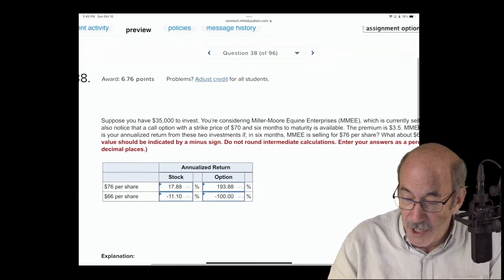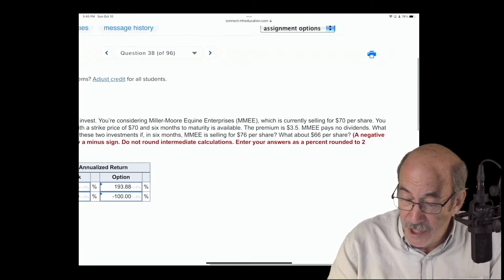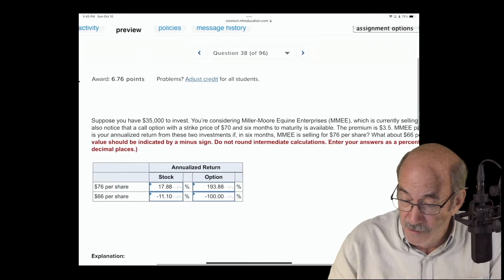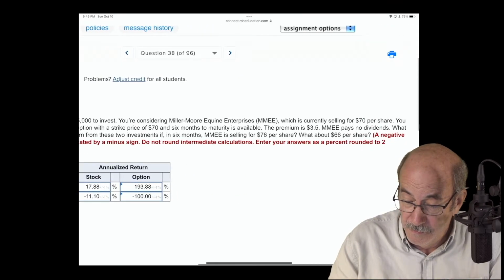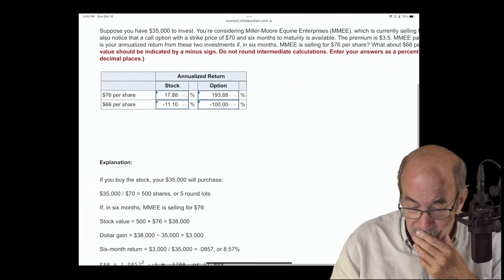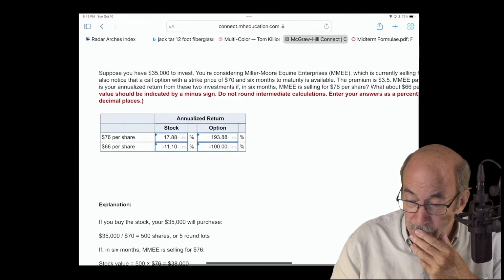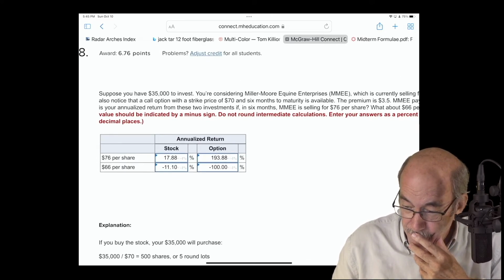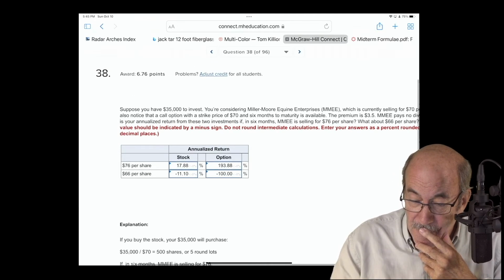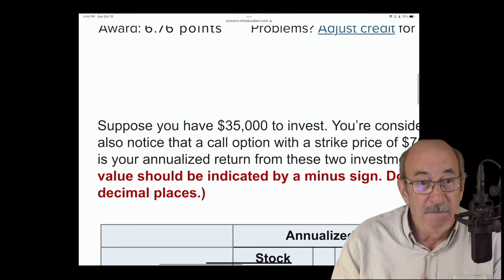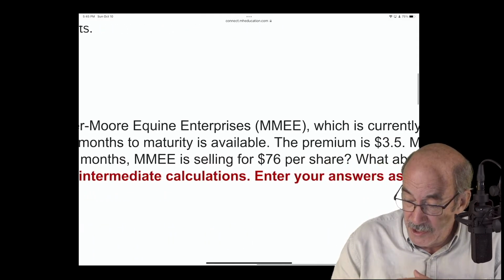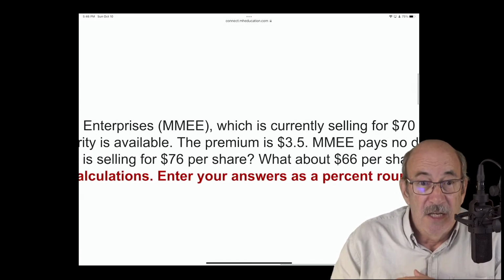So here's why they have 100 twice. They are assuming... wait a minute, they don't say that in the problem. Oh, I see. Here it is. They say you have $35,000 to invest. The premium on these options is $3.50 per share.